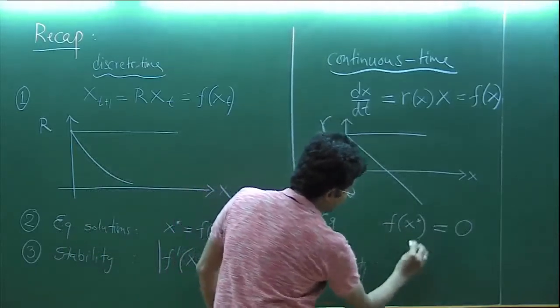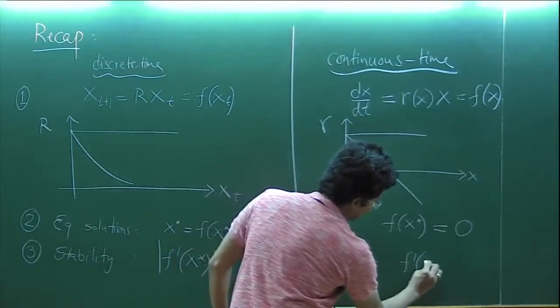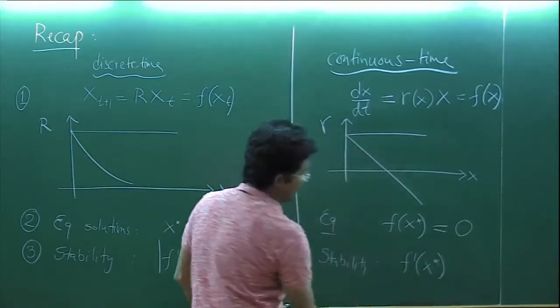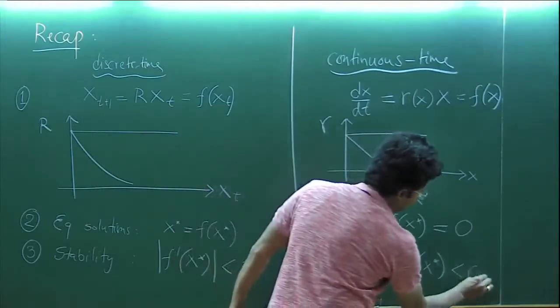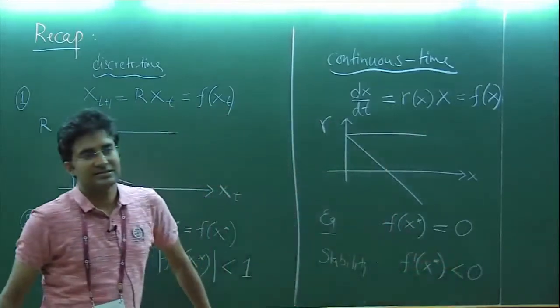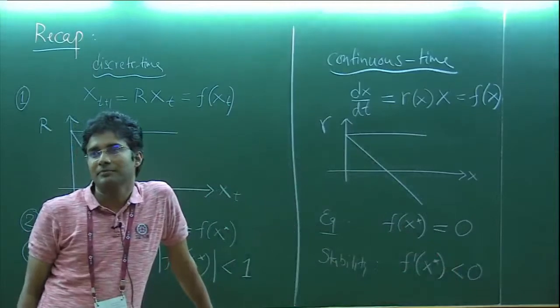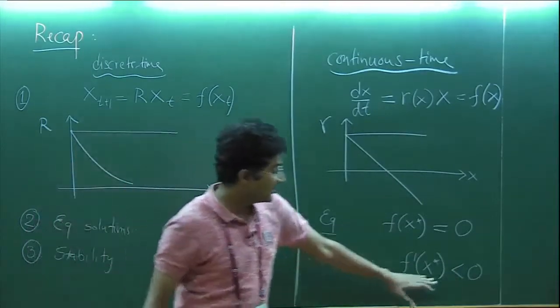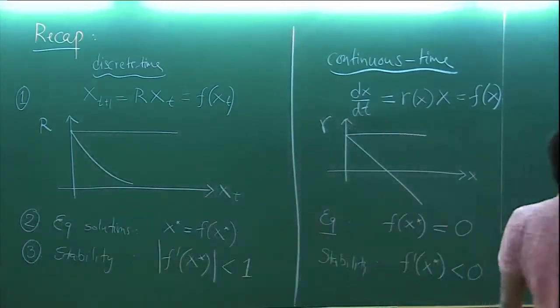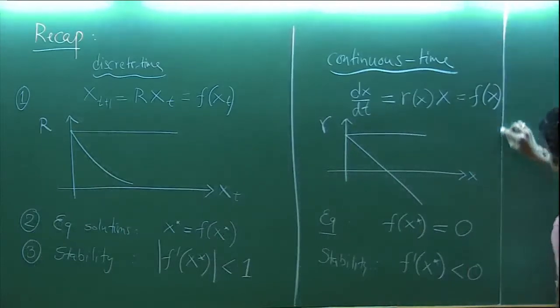You again look at the derivative of this function with respect to x, evaluated at the equilibrium. Whenever this condition is satisfied, you conclude that the equilibrium is stable. Otherwise, if it is greater than 0, it's an unstable equilibrium. So that's how we write the model and analyze the model.